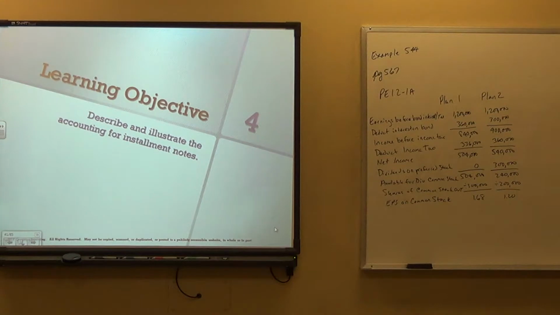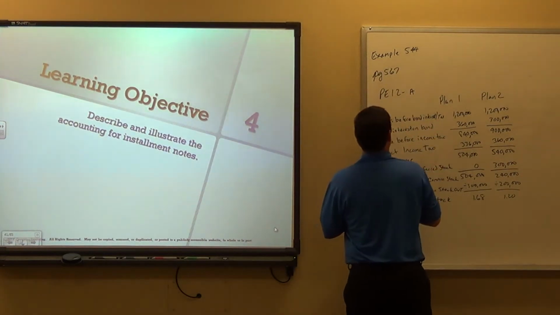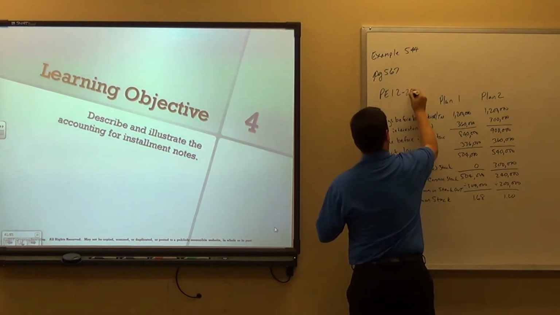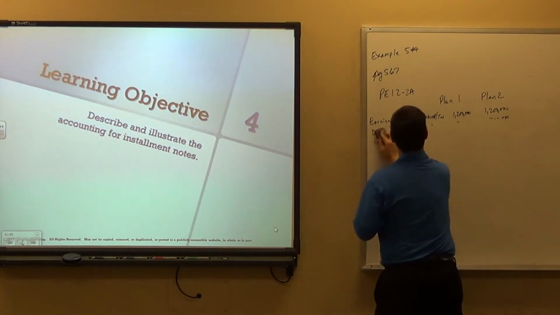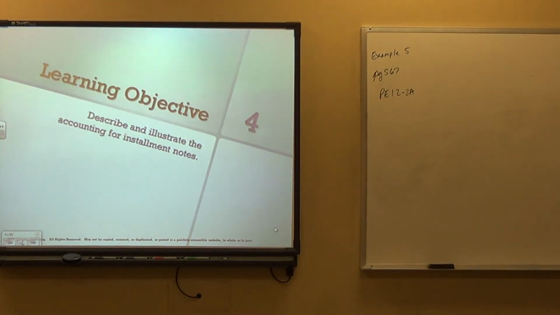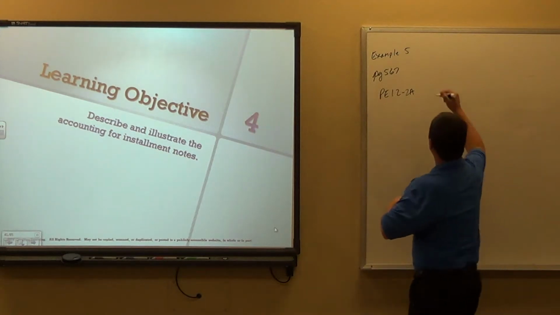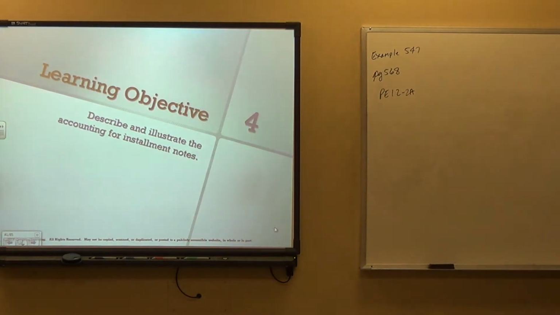The example on page 547 is very similar to this one, so use that to help you journalize this transaction.